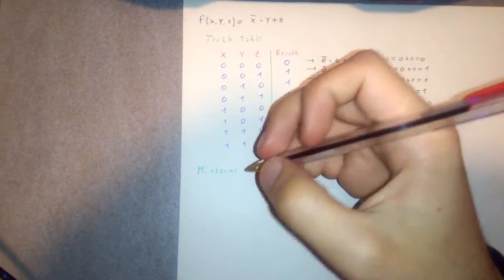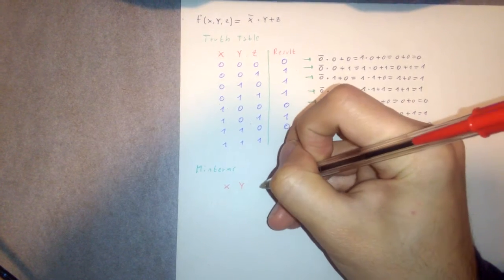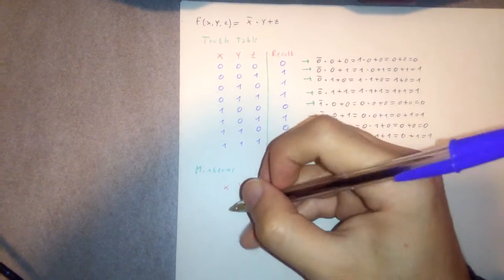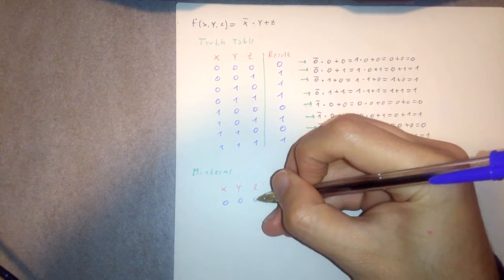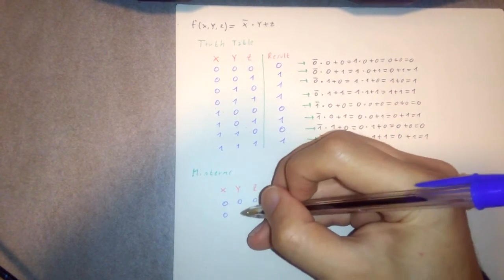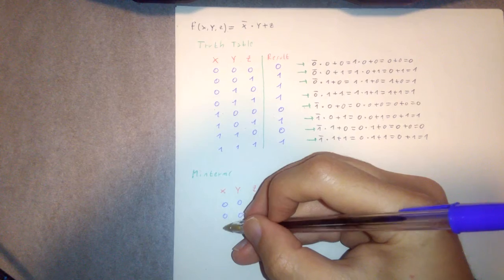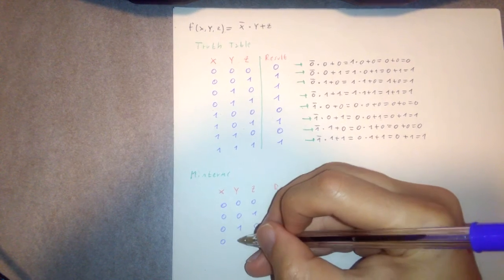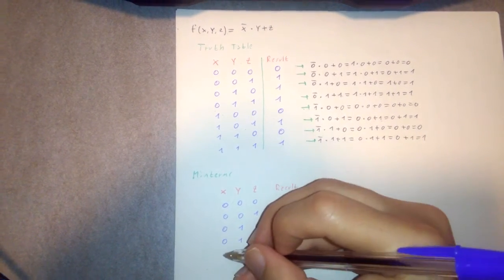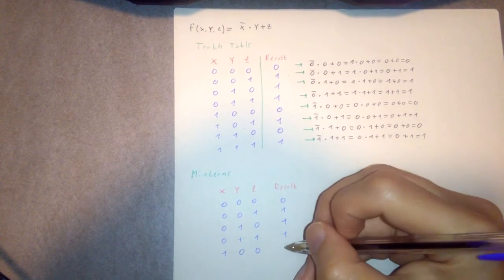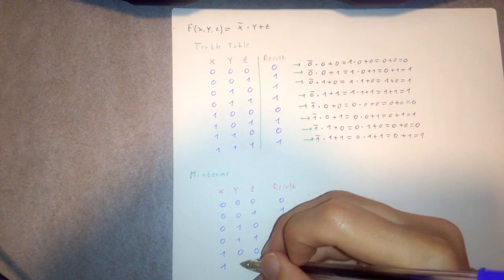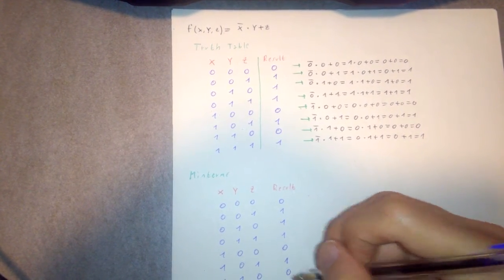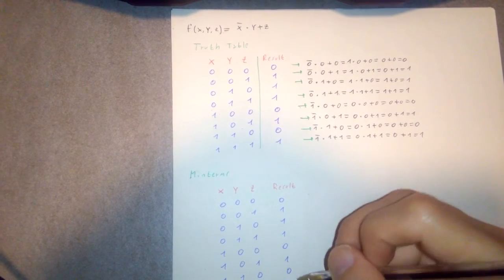In order to use the Minterm representation, I'm basically going to rewrite the truth table real quick. 0 0 0 is 0, 0 0 1 is 1, 0 1 0 is 1, 0 1 1 is 1, 1 0 0 is 0, 1 0 1 is 1, 1 1 0 is 0, and 1 1 1 is 1.